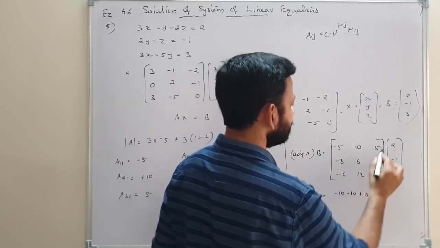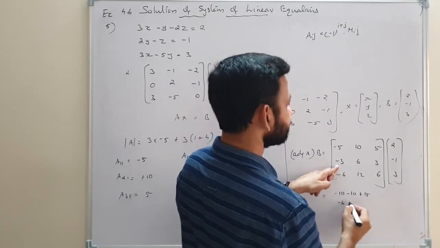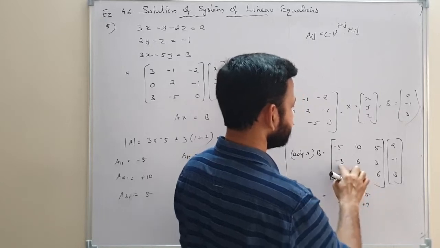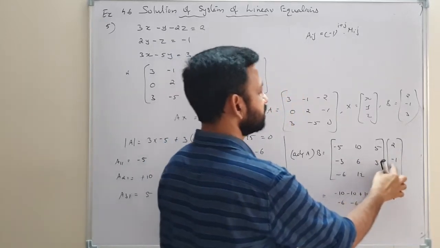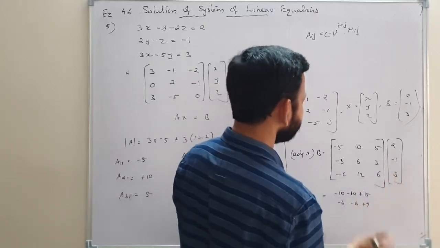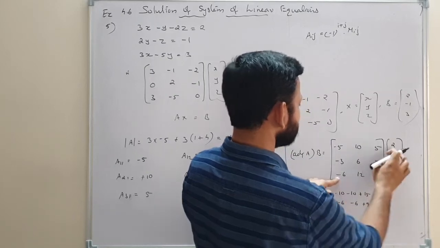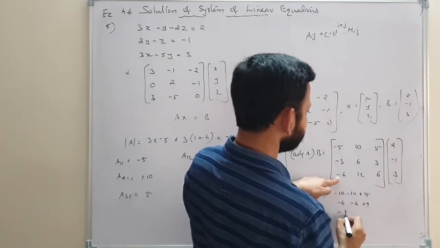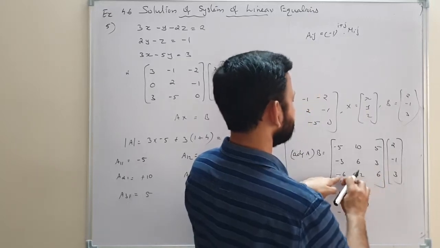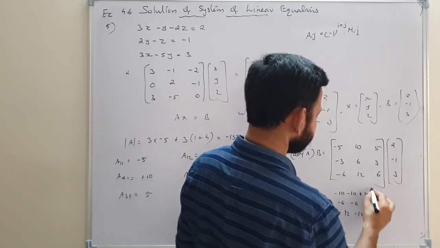Then second row into second column, minus 3 into 2, minus 6, plus 6 into minus 1, that is minus 6, plus 3 into 3, 9. Then third row into third column, minus 6 into 2, minus 12, minus 12 again, then plus 18.